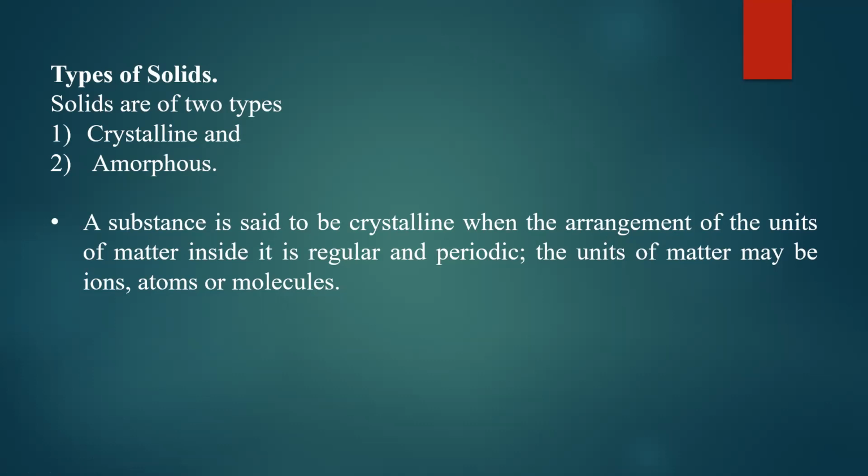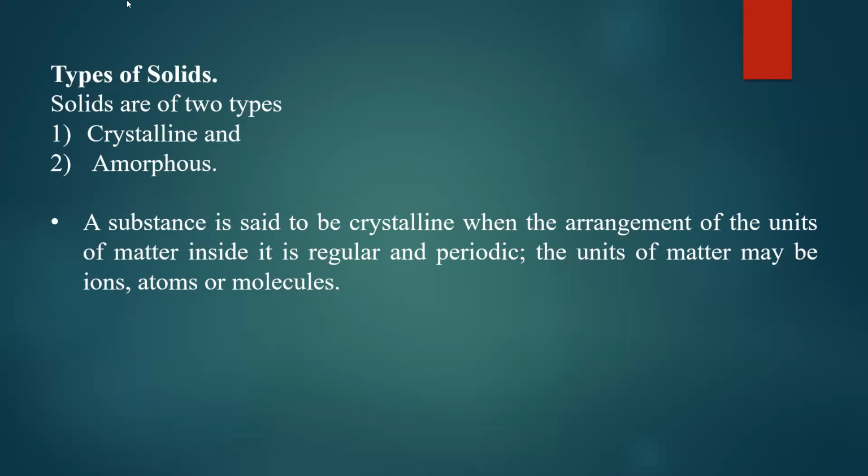A good example is NaCl, the common salt. Common salt is crystalline in nature, so you can find crystals of common salt. Then sugar is also in the form of crystals. You can find the difference between amorphous and crystalline solids easily.